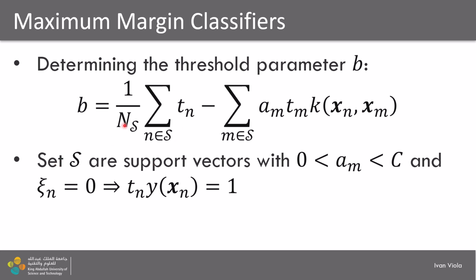The set S are the support vectors, and we simply calculate b from t_n minus this sum. If we want a numerically stable solution, we calculate it for each support vector, and then divide by the number of support vectors, and that will give us the b parameter.